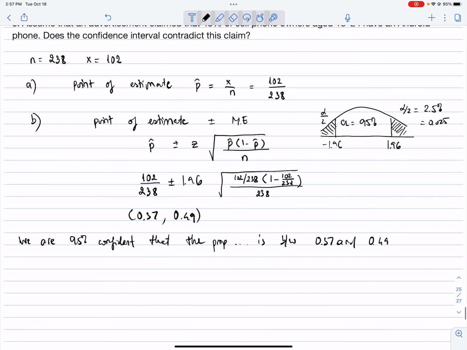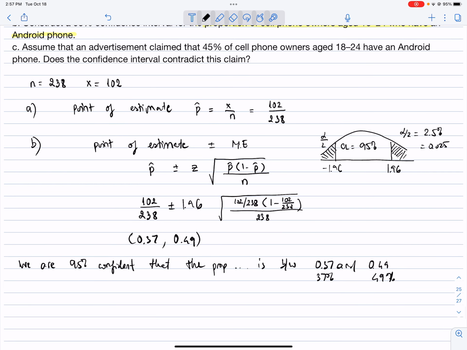What it means is 37% and 49%. So we estimate the population proportion is between 37 and 49%.